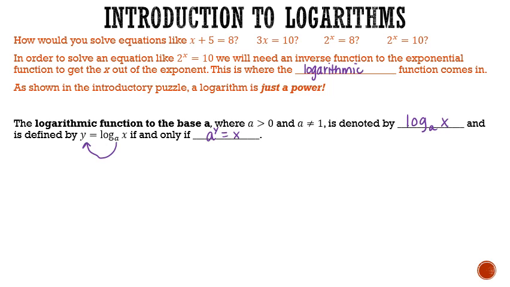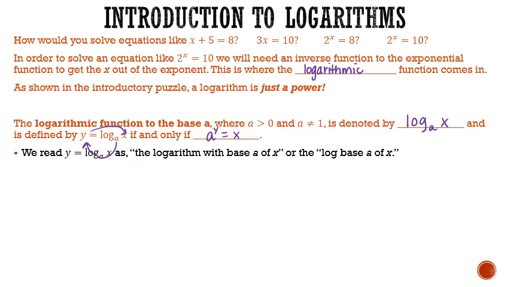So a to the y equals x. We read y equals log base a of x as the logarithm with base a of x, or the log base a of x.